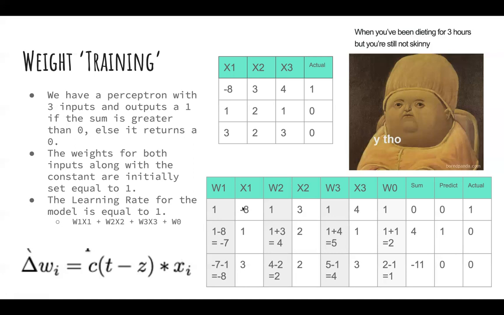In this case, I multiply by -8, resulting in -8. If my initial weight was 1, now it's going to be -7. For the next one, the weight is 1, my delta is 3, so my resulting weight is 4. And here, again 1, my delta is 4, so I get 5.